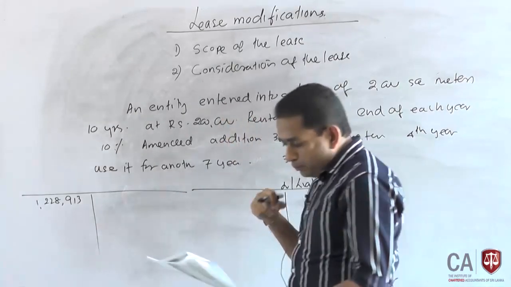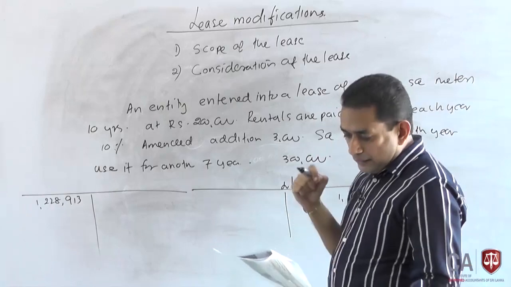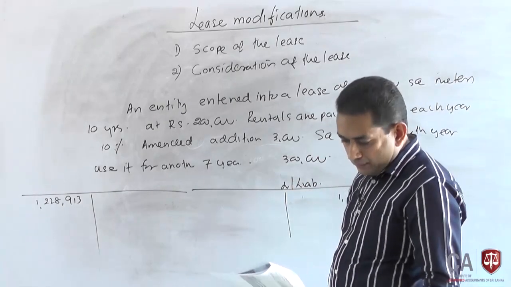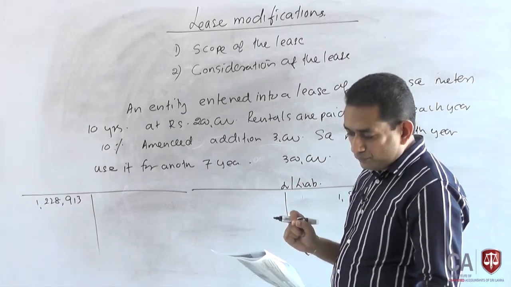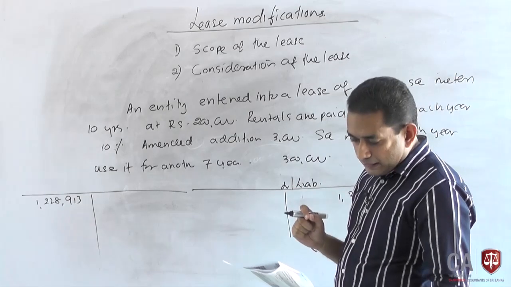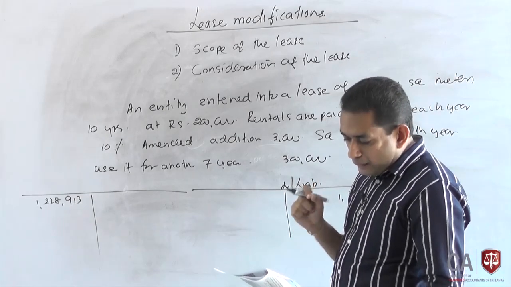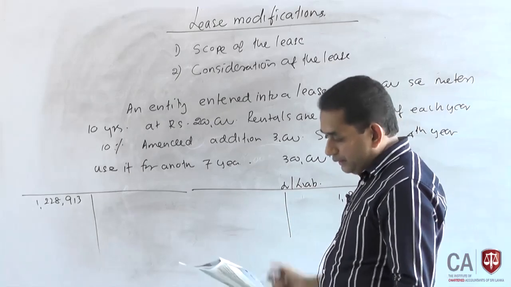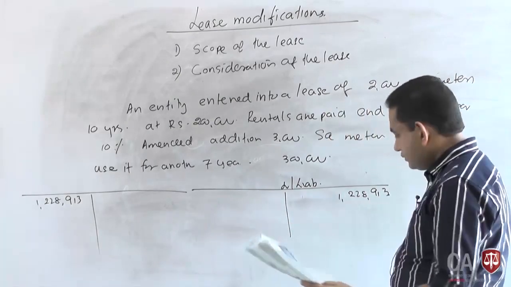So, the amendment occurs to the lease agreement at the beginning of the fourth year, that is at the end of the third year.